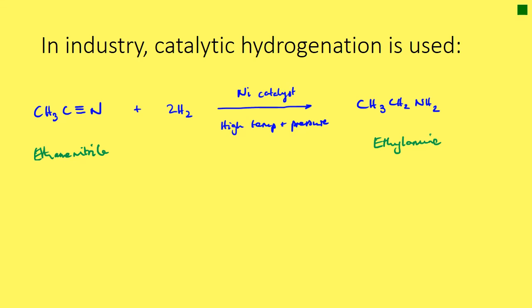We've got ethane nitrile making ethylamine, and this method has used catalytic hydrogenation, in this case using a nickel catalyst with high temperature and pressure and hydrogen, and previously we used a reducing agent to add hydrogen atoms, and that was lithium aluminium hydride, which is expensive, so we use this instead. Otherwise you wouldn't buy the products.